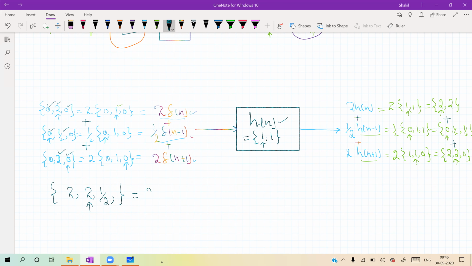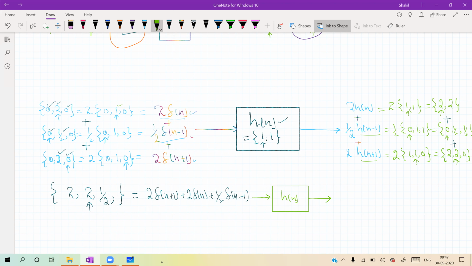So we say the input to the system is twice delta n plus 1 plus twice delta n plus 1 by 2 delta n plus 1. So this is the input to the system, whose impulse response is h of n.